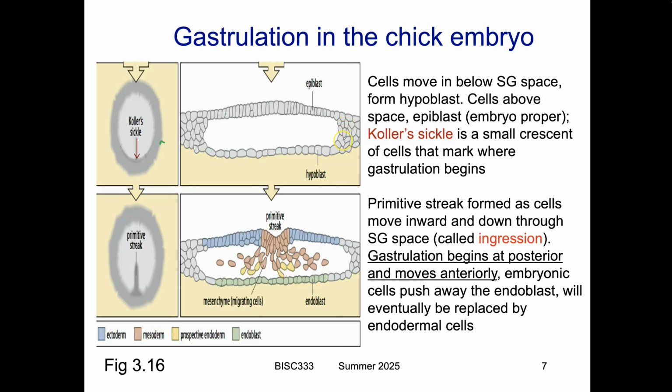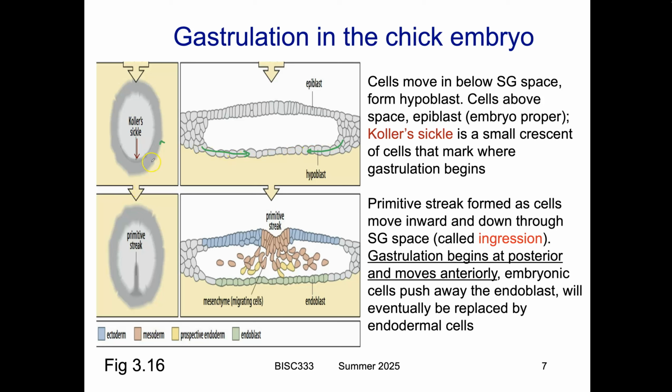But some of the cells in here start to move down and line the lower surface of the subgerminal space, and they form a tissue called the hypoblast. That is going to be replaced during gastrulation with other cells, but this is a temporary structure.